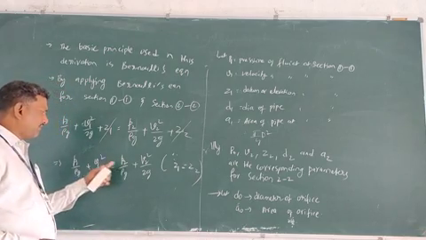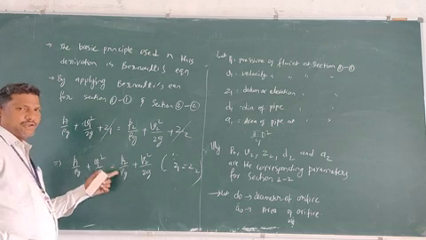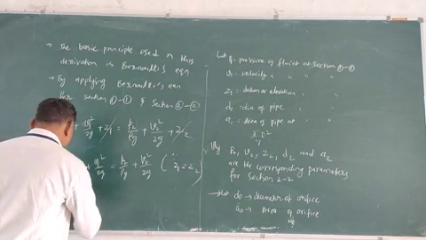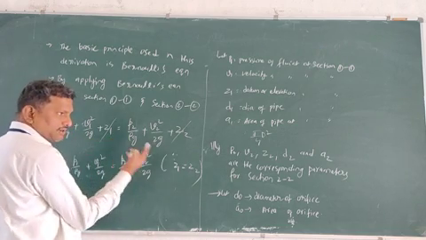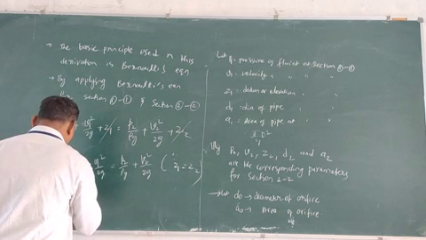Bring P2 by rho g to the left side of the equation and take V1 square by 2g to the right side of the equation.